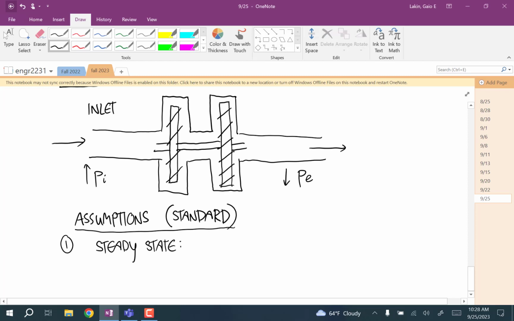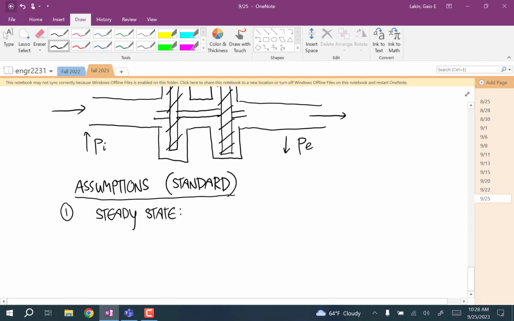And so that does the same two things that it did for nozzles and diffusers. dE/dt is equal to 0, and m dot at the inlet is equal to m dot at the exit, which we'll call m dot.